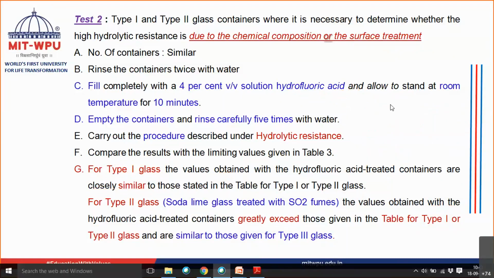Understood this? So it greatly exceeds and matches with the type 3 glass, because it was only a surface treatment. So this is how you are going to distinguish between hydrolytic resistant glass type 1 and type 2.